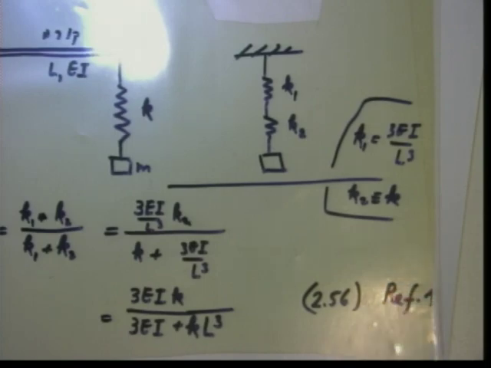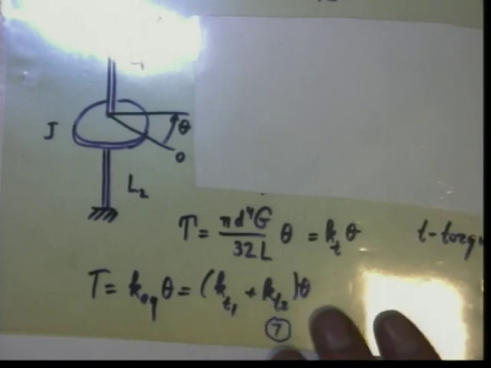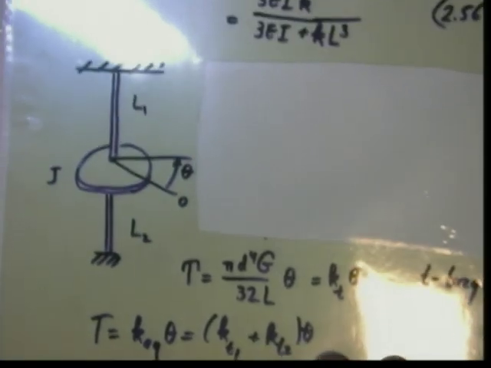Now let us consider torsional vibrations of the disk. So that is this one. Here again we are using some formula from strength of materials without derivation, but it is derived there quite long. It takes a couple of lectures.